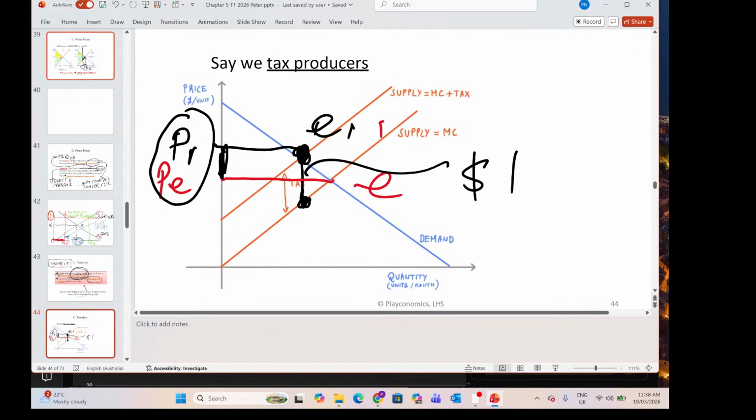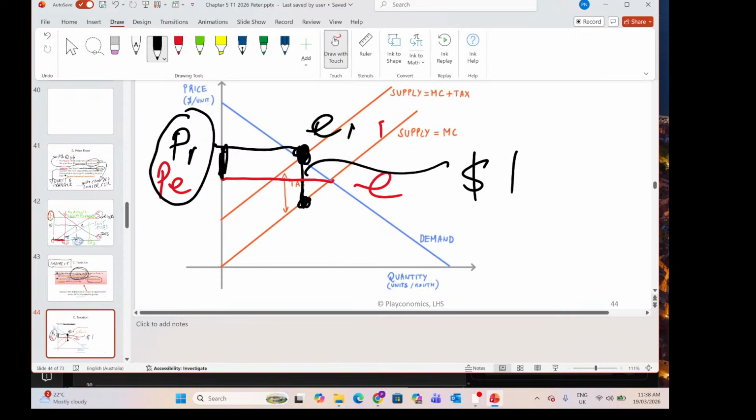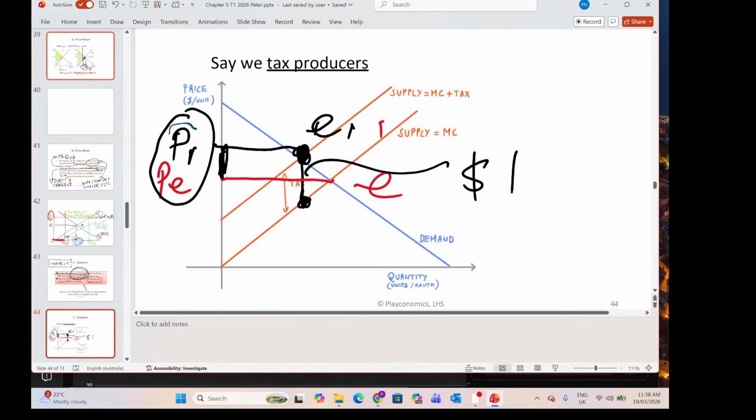So what firms have to do then is charge a new price. I'm circling the new price. They then have to take that new price and pay the entire tax to government. I'm showing the entire tax with a blue line on the price axis, and we can draw a line across, and the price that I'm indicating now is P1 minus the tax.